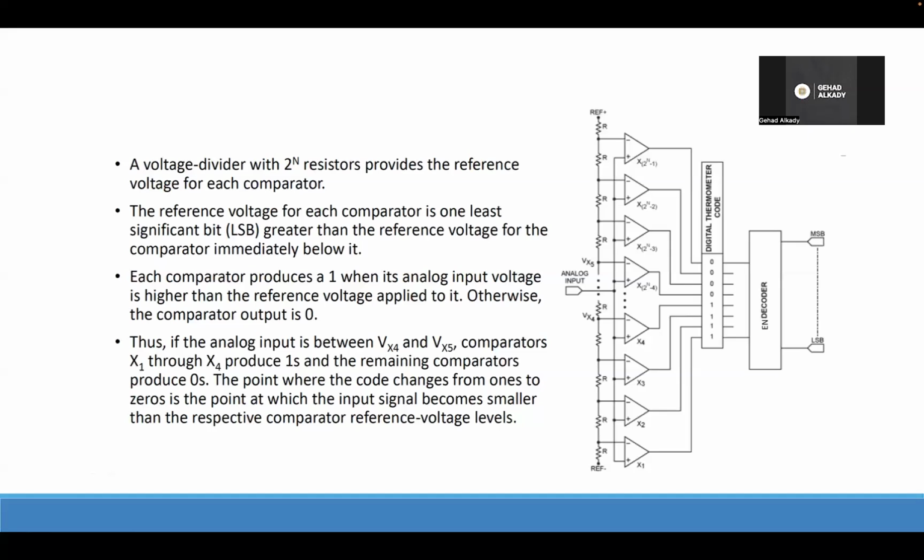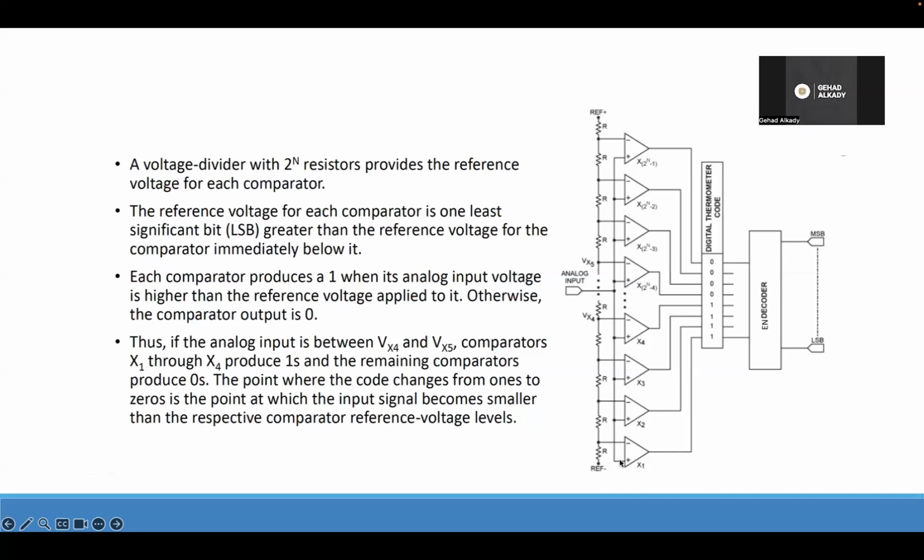So here, in each comparator, a comparison happens between the voltage value here, Vx1, and the value coming from the analog input.